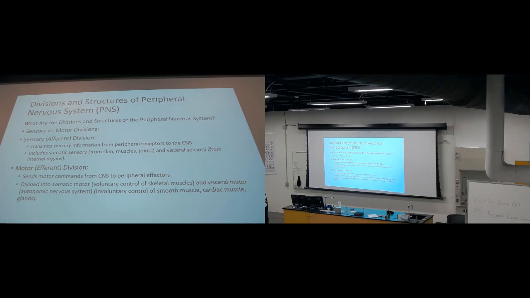Within the sensory, we have somatic sensory information coming from our skin, muscles, and joints. And then the visceral sensory will bring information from internal organs, like, for instance, how distended is your stomach, what is the distension of your blood vessels to see if you have enough volume or not. So basically it senses blood pressure.